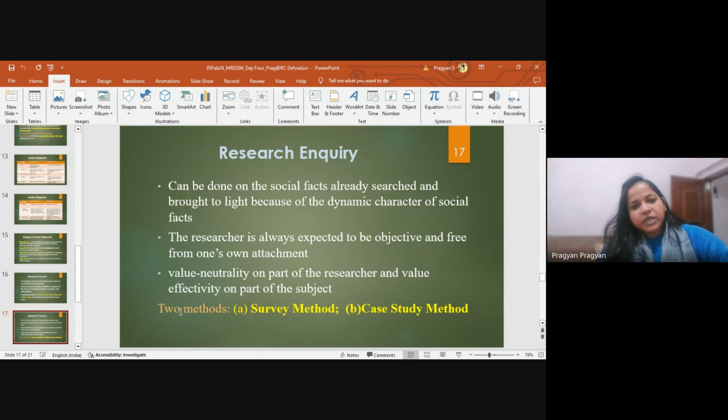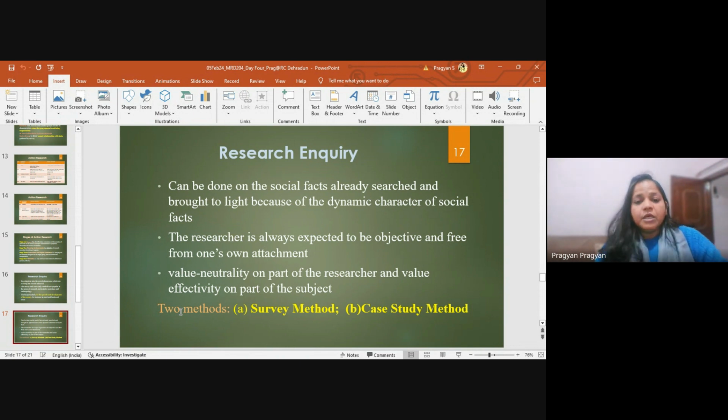So the researcher has to be value neutral, but we have to conduct the whole study by incorporating this population along with their values, norms, and patterns of behavior. Only then we can understand how they are going to respond to our development intervention.